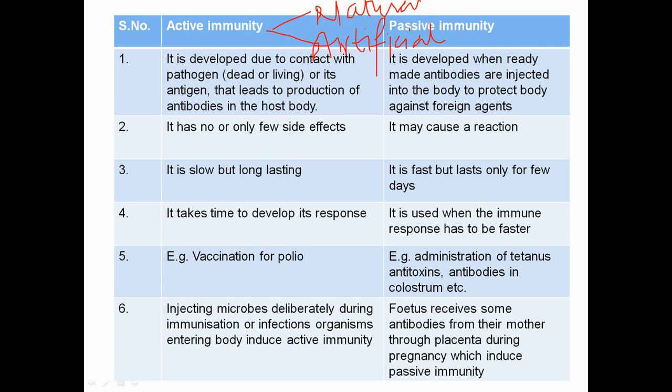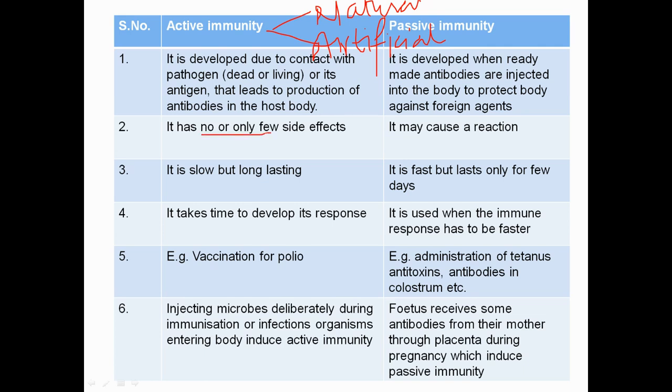Artificial is when we inject forcefully into the body some sort of inactive or less active or dead form, and that kind of response being generated, like a production of antibodies, is referred to as artificial.